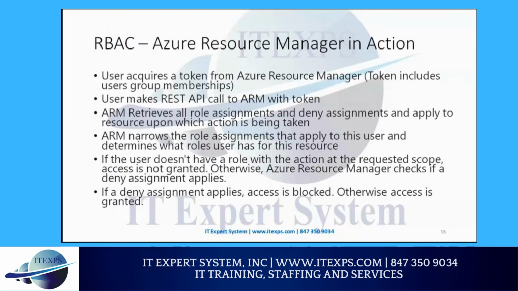So when that access is evaluated, the first check is deny assignments. If it says your assignment is denied, that is the first thing it will check. So for that user for whom you did the deny assignment, he will not get access to the storage, but he will get access to everything else. So deny assignments are evaluated first before the role assignments are evaluated.